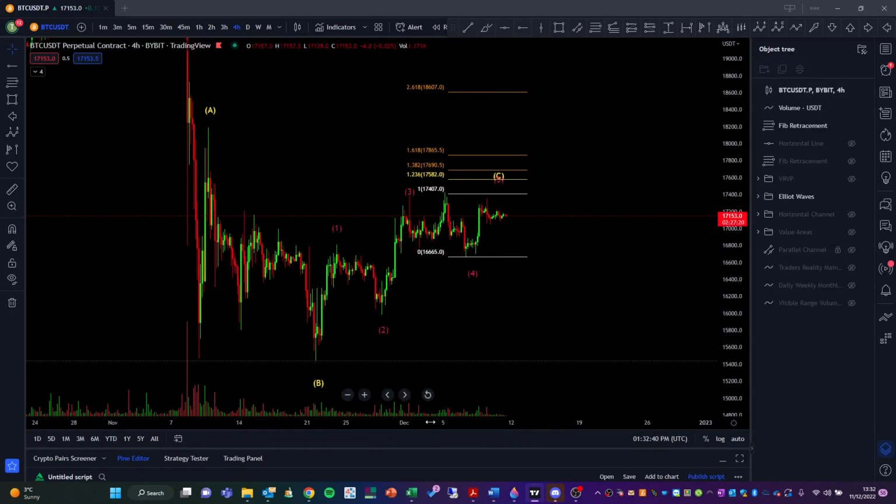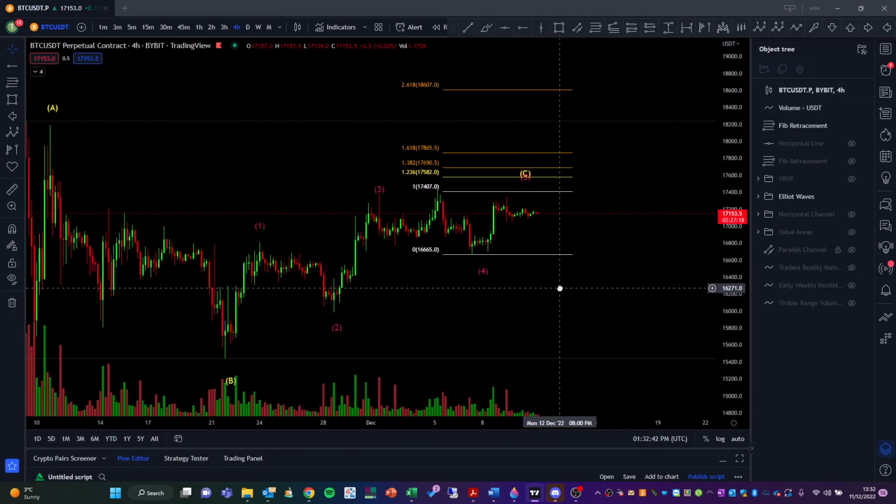At some point, interestingly enough, we had really bad data for the Fed. The PPI was a lot hotter than expected. Also, the consumer confidence was higher than anticipated. So all of these things give cause for concern for the Fed.